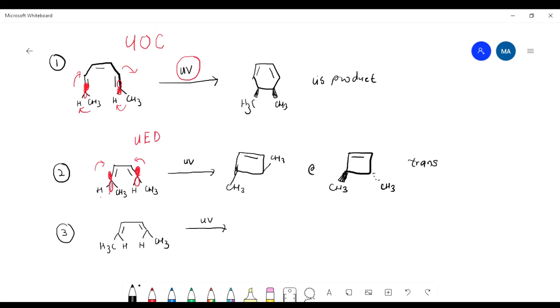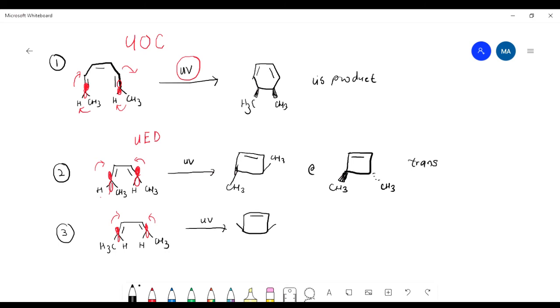And now the difference between question 2 and question 3 is the position of the methyl. So this is also disrotatory. So you will get this methyl group going up, and this methyl group also going up.